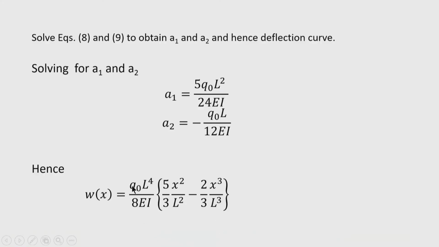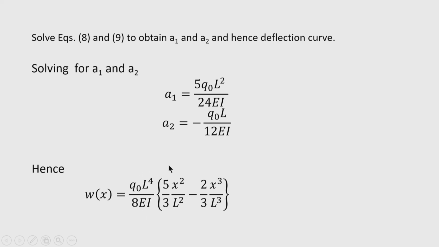We know from the strength of materials formula that W at the cantilever free end or tip will be q naught L to the power 4 by 8 EI, where q naught is the distributed loading on the cantilever, L is the length and EI is the flexural rigidity.